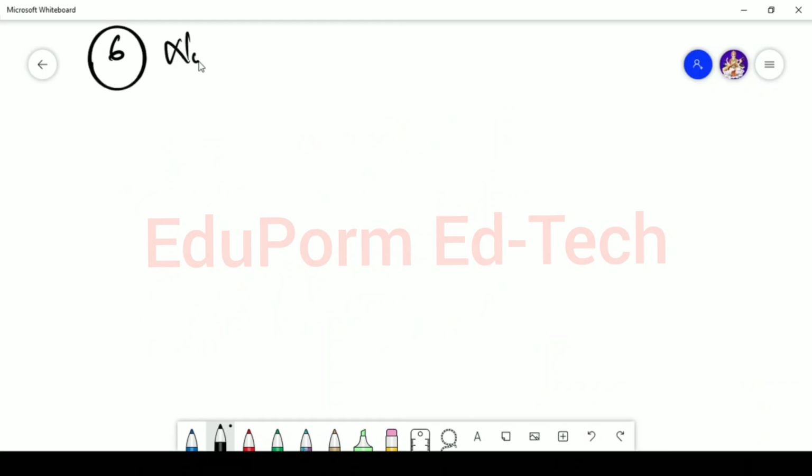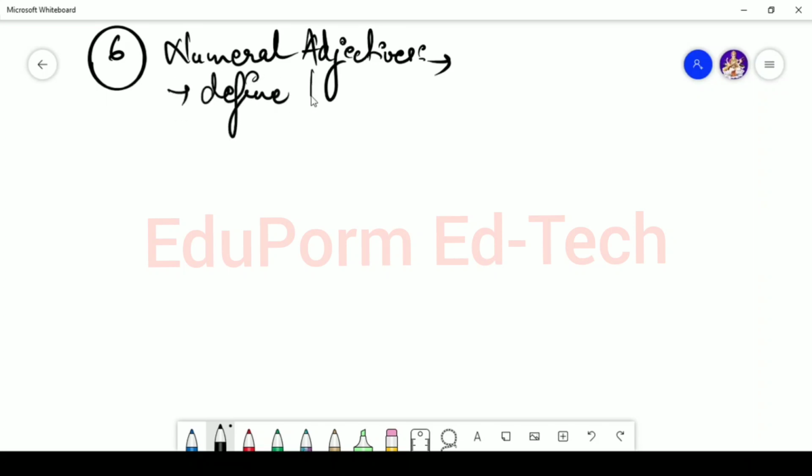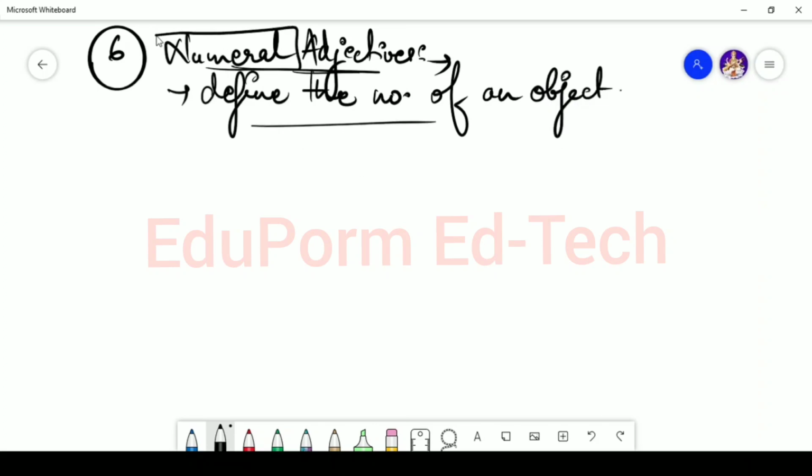The next one is numeral. Okay, numeral adjective. Now what are numeral adjectives? Numeral adjectives are basically used to define the number of an object. Okay, numeral means basically you're talking about the number of an object.